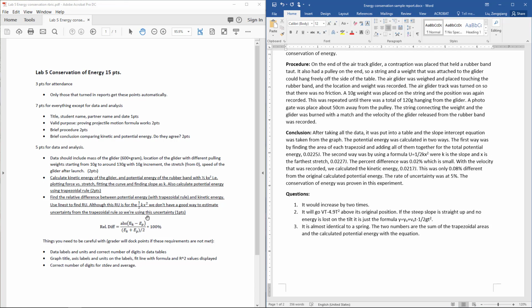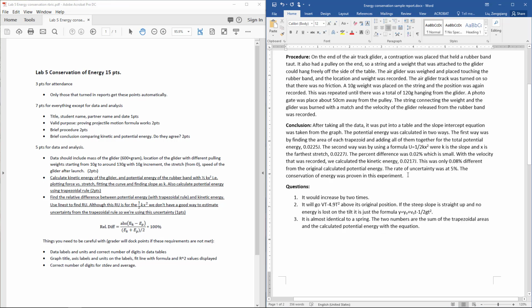So find all of these, and I'll assume that they did the trapezoidal rule correctly. I'll take a half point off. And it was saying that the conservation of energy was proven. At least, according to their calculation, they did. So I would be okay with that.